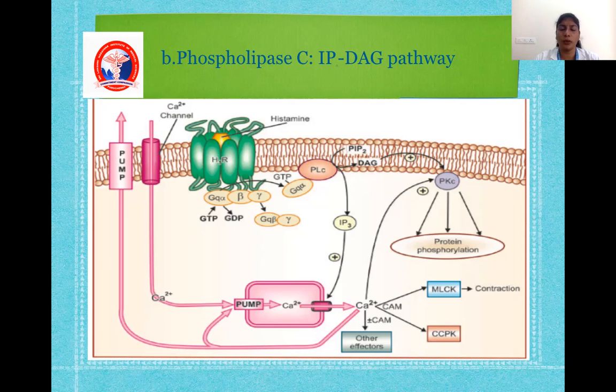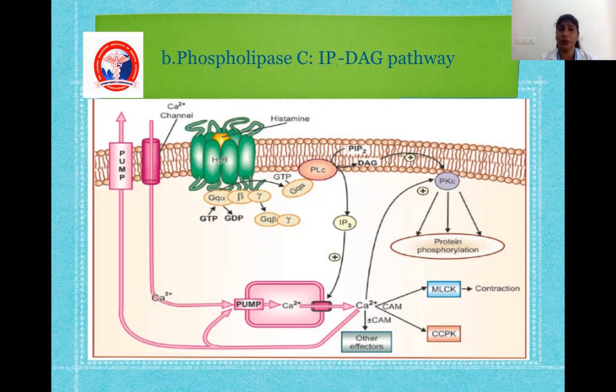You know that DAG and IP3 are second messengers. They cause more reactions within the cell. So this IP3 goes and activates the calcium channel, which causes release of more calcium, more entry of calcium within the cell, and more calcium will come. And this calcium will go and activate MLCK, myosin light chain kinase, and calcium calmodulin protein kinase.